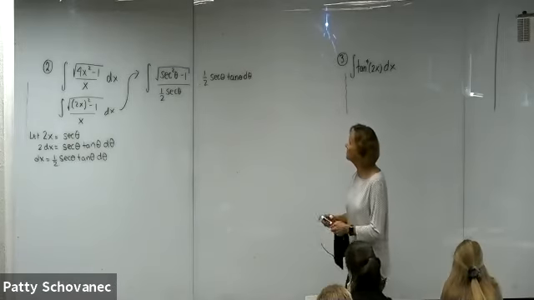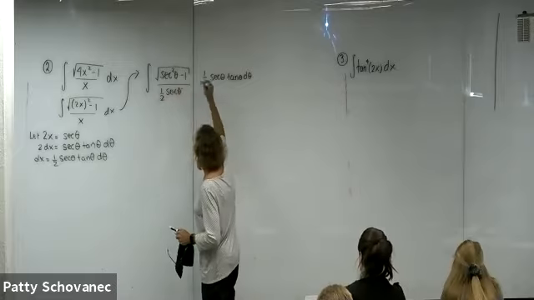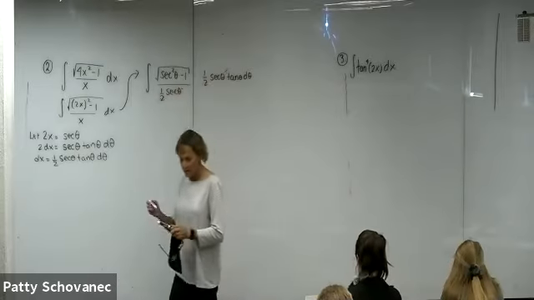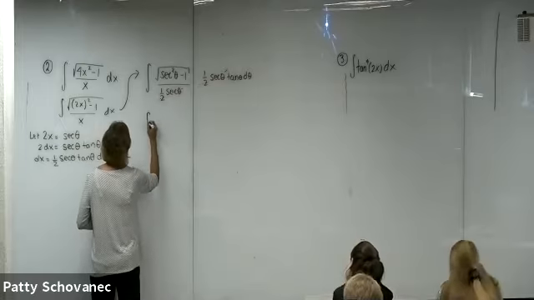Where we can, we get rid of some stuff. Secant squared of theta minus 1 has a trig identity. That's a tangent squared.